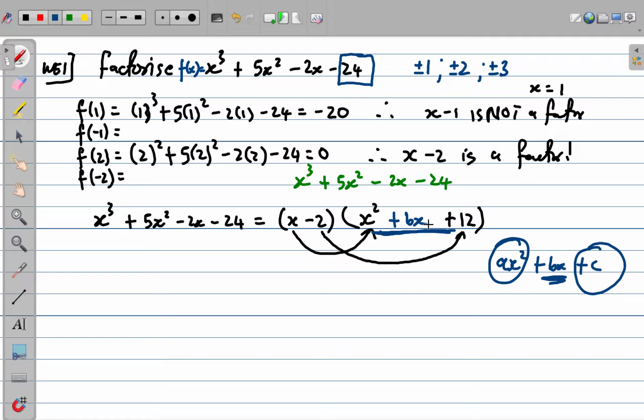Watch this. This is what I love about this method. Now, I'm going to multiply the terms that are going to give me an x term. So I will note that if I multiply x by a 12, I'm actually going to get an x term called 12x.